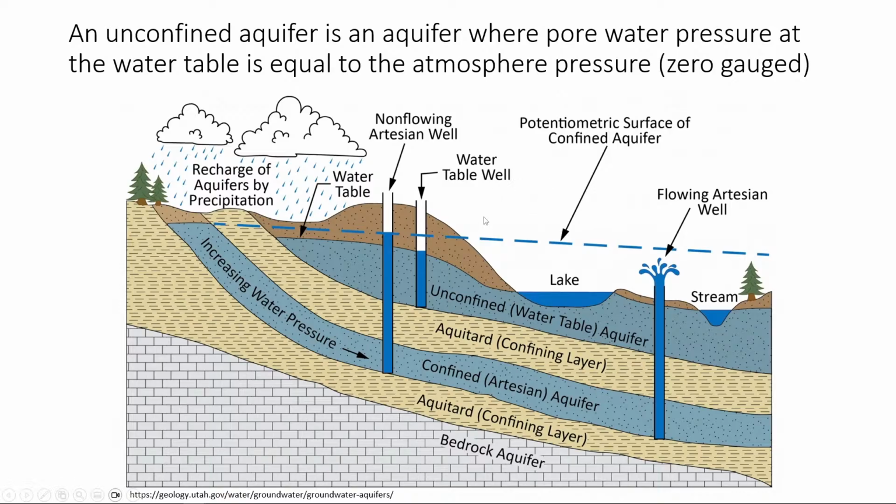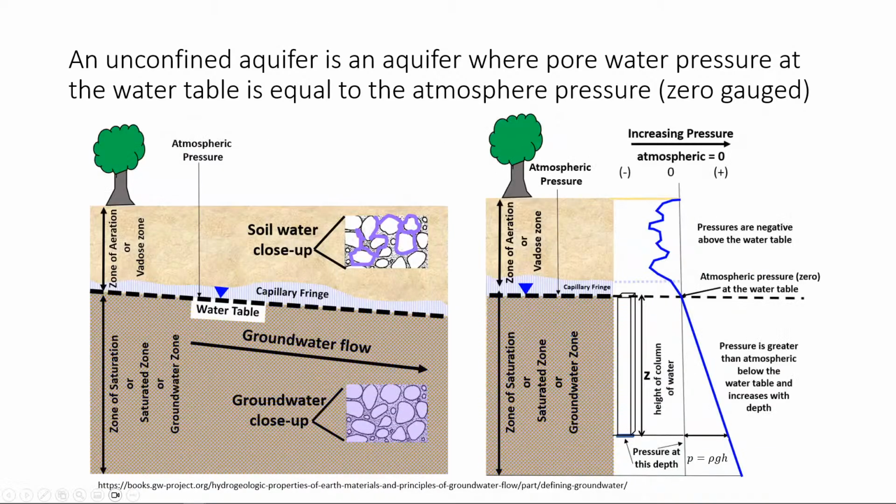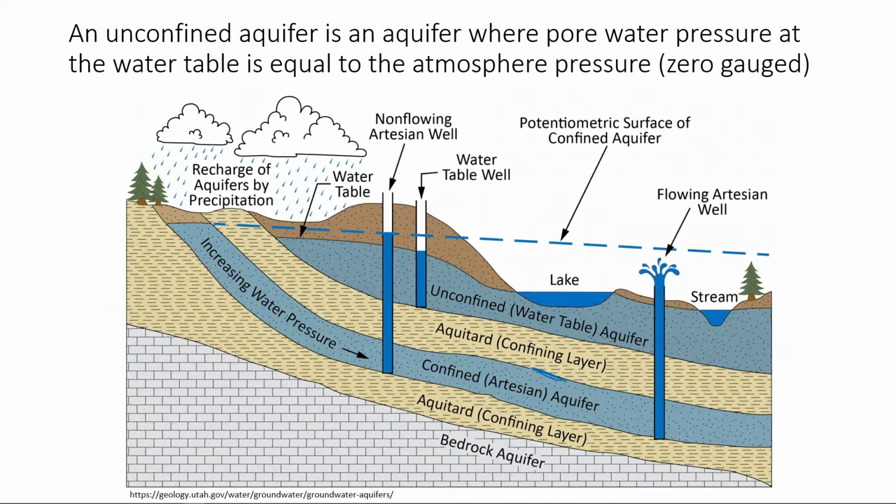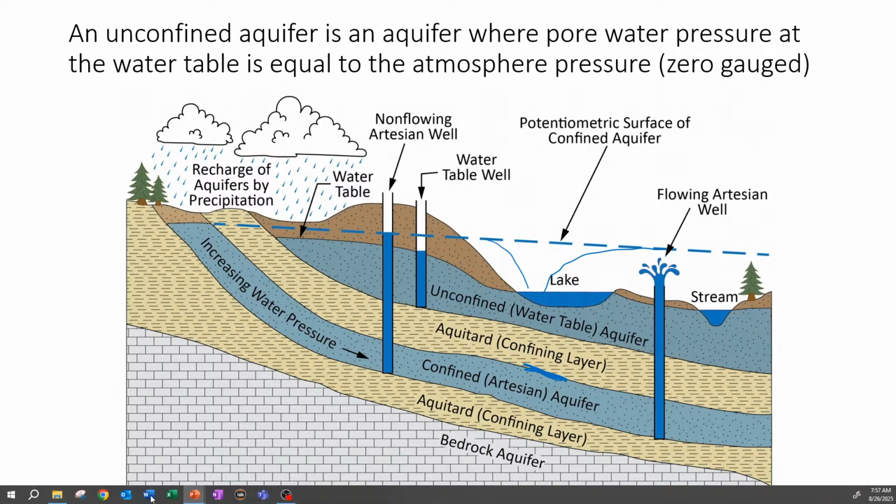This is your aquifer, and this is your water level here. Once you start pumping, the water level here will not change because you are not dewatering the pore space. You are just releasing water from pressure. After you start pumping, this potentiometric surface will drop, but this water level will stay the same.